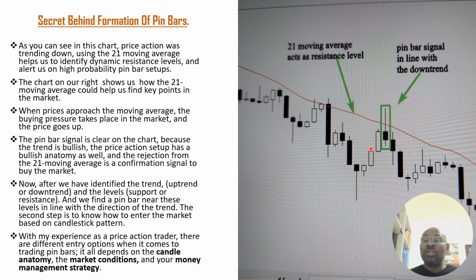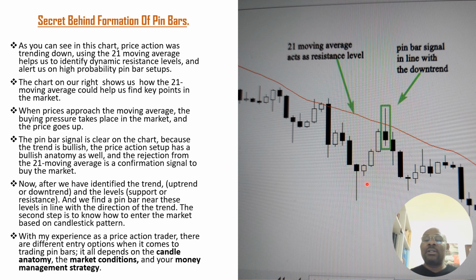Then when you calculate the pips between here and this place, if it is more than 20, 30, my brother, it's not worth trading. But something like this is still okay.